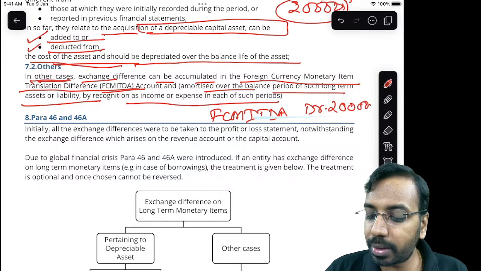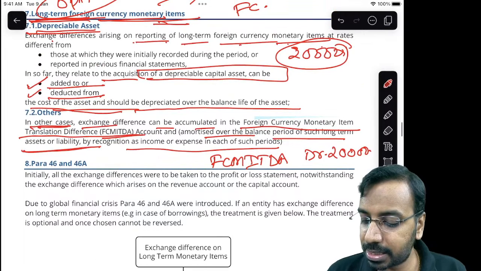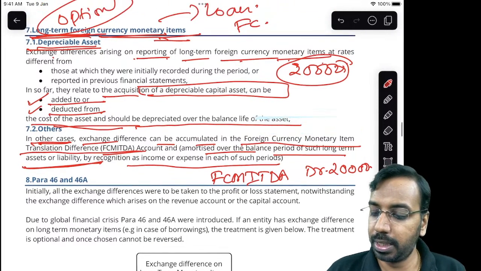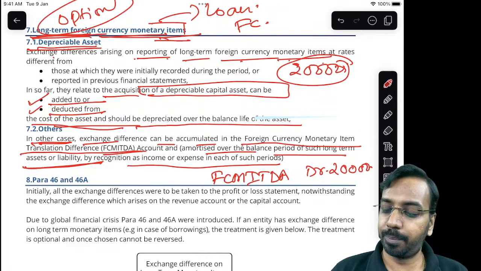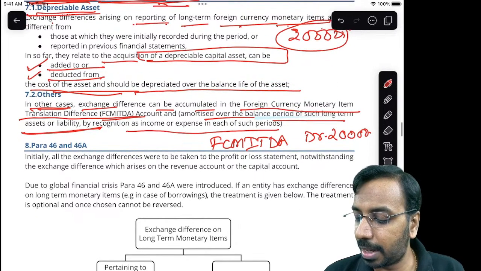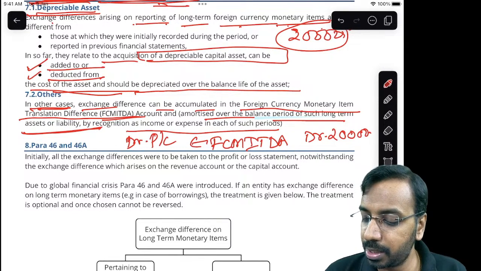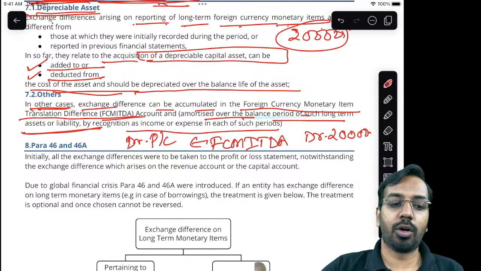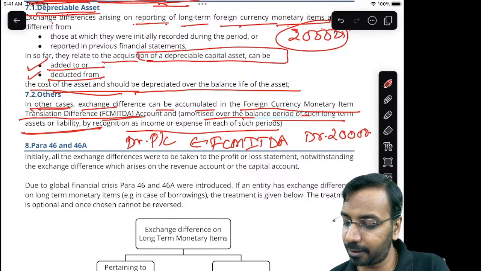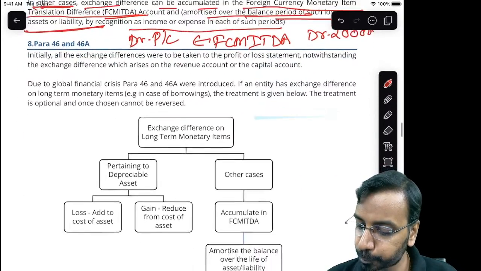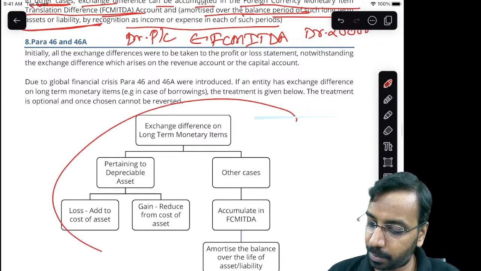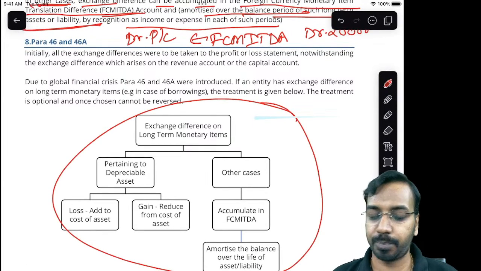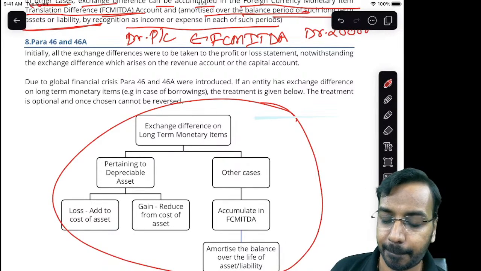Then over the period of the asset or liability, whichever you want to do, if it is, let us say, a monetary item which is a liability, over the period of the liability from the FCMITDA account you will debit P&L, means you will amortize it over the balance useful life. Is that clear? So this chart summarizes whatever we have discussed. Is that clear?